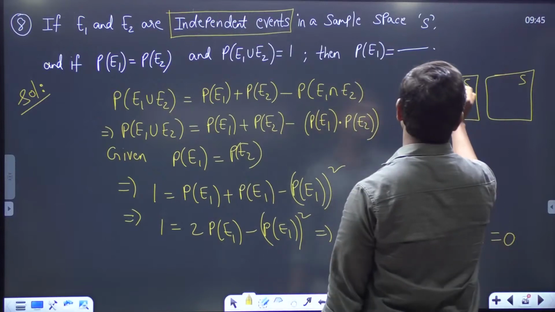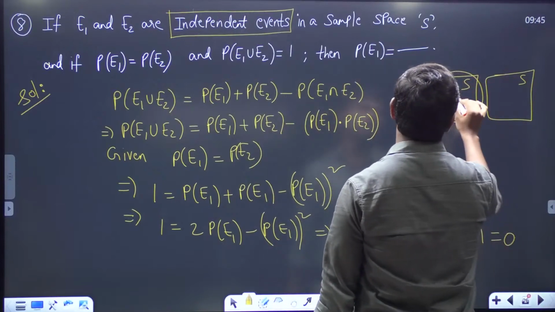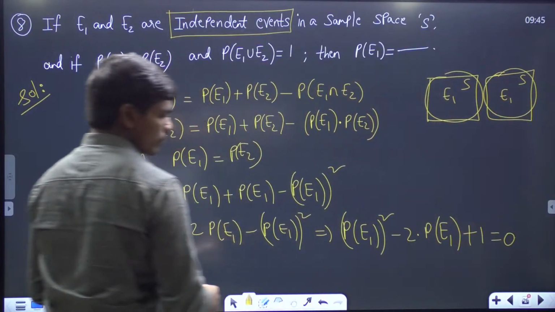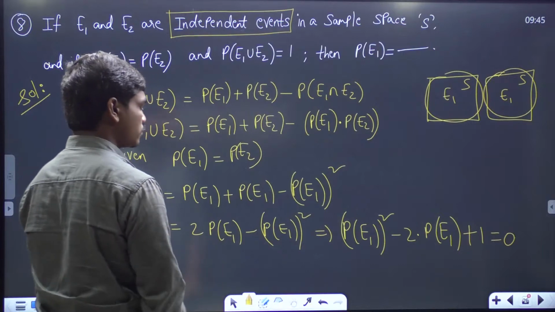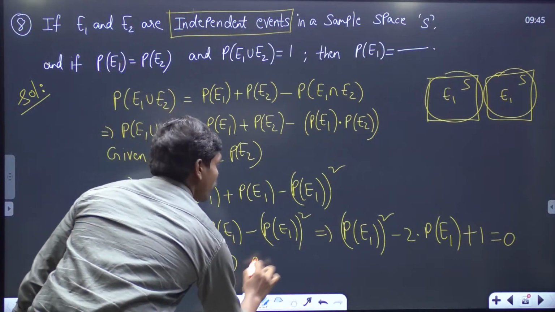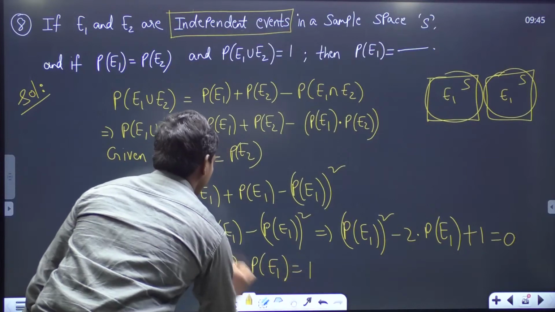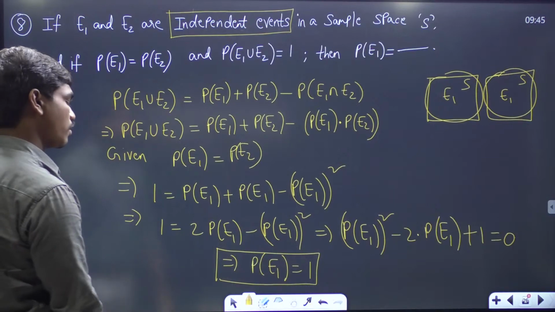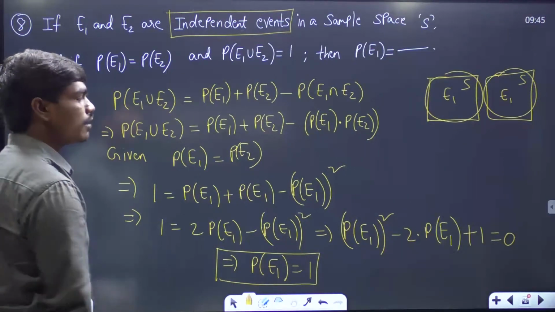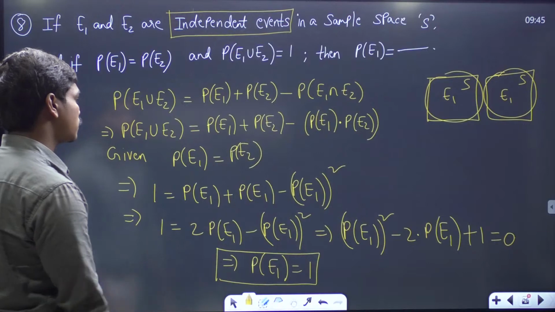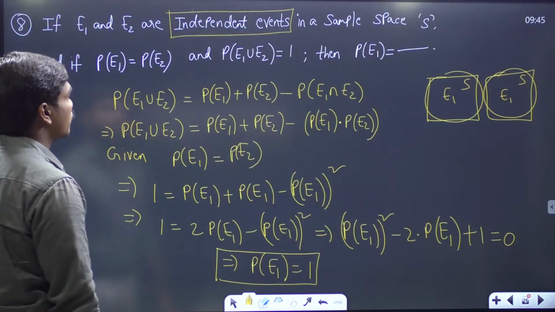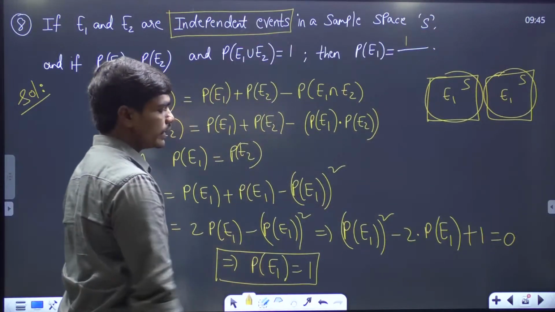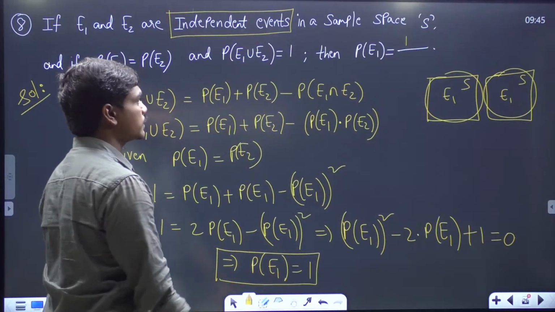So this complete event is E1 and this complete is also E2. This implies P of E1 is equal to 1. Okay, because (P of E1 minus 1) whole square is equal to 0. Okay, since minus 2 is not possible for this equation.